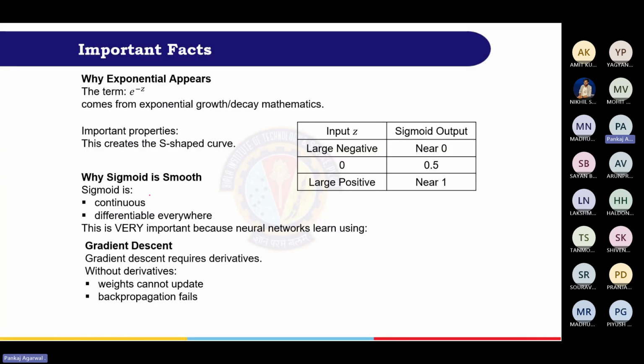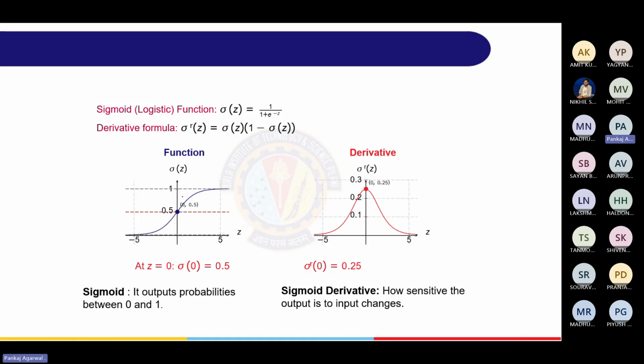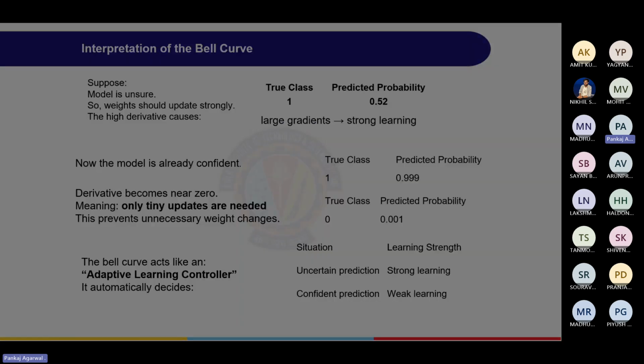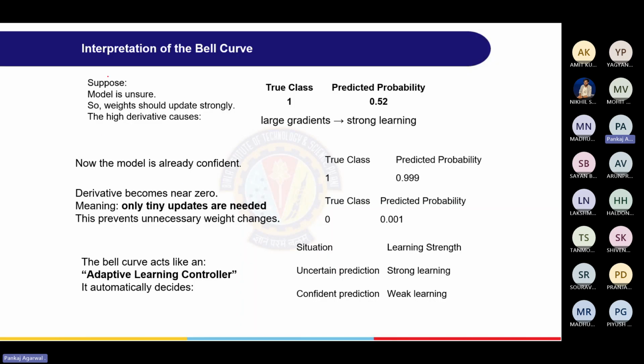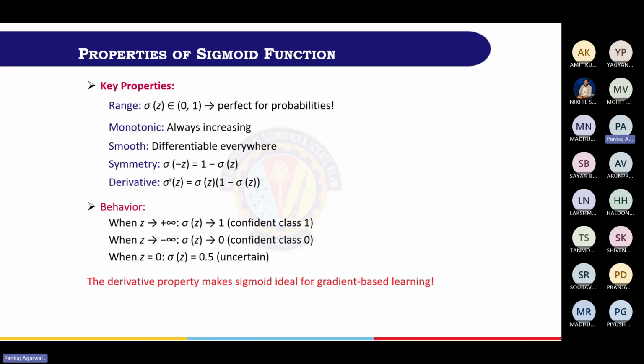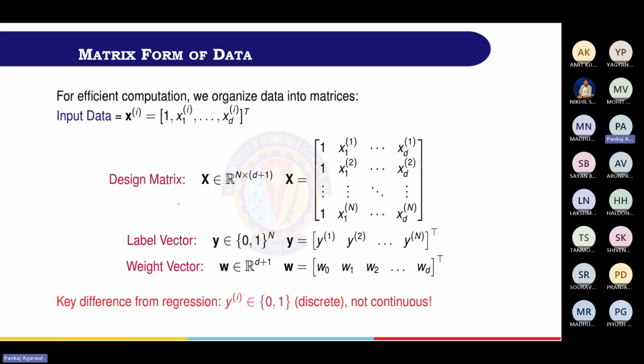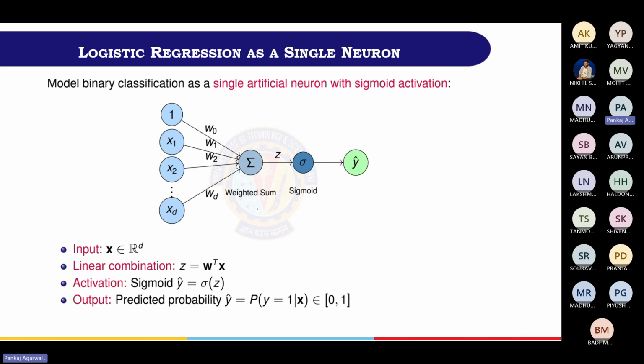Then we talked about the sigmoid function, its derivative, and what the advantage of it is. We also interpreted the bell curve, and a little bit of the mathematics behind it. We started with logistic regression.